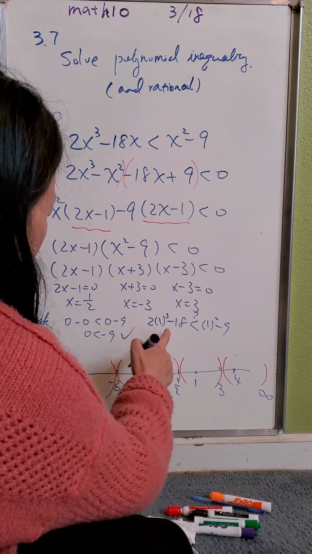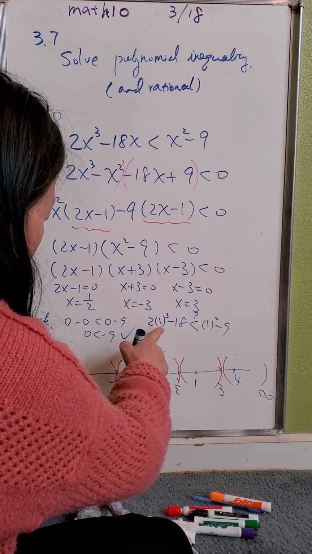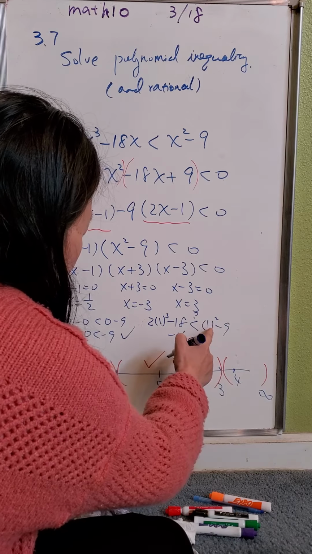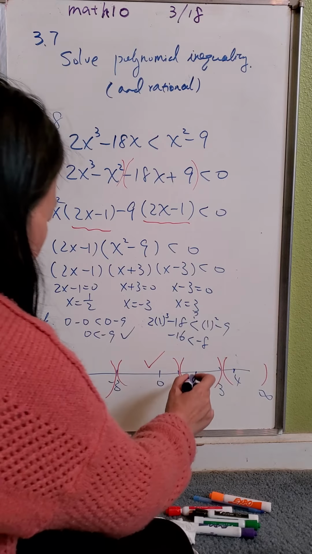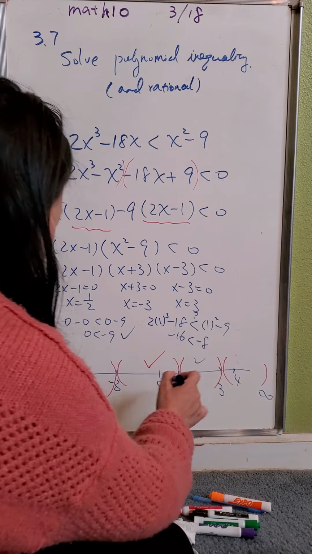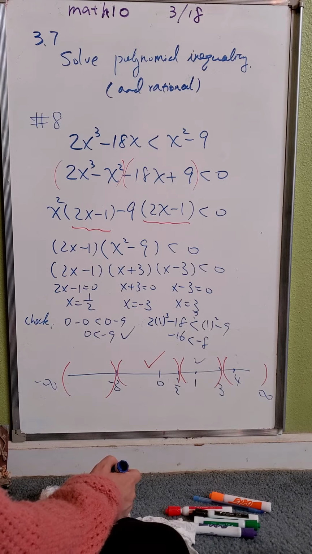Let's see. So that's 2 minus 18 is equal to negative 16, less than negative 8. Well, this is true. So I guess this one is true, I pick 1.